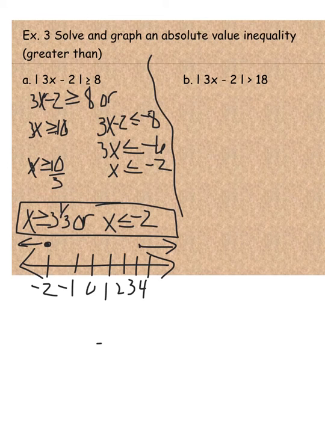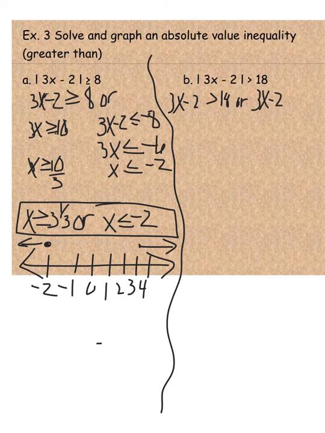For example B, same idea, 3x minus 2 greater than 18, or 3x minus 2 is less than -18. So if I add 2, that's 3x is greater than 20.